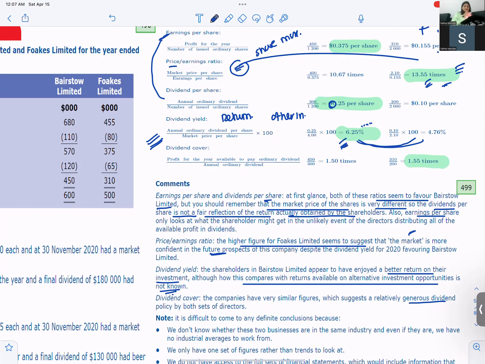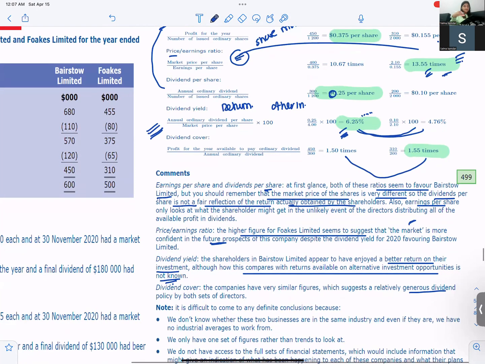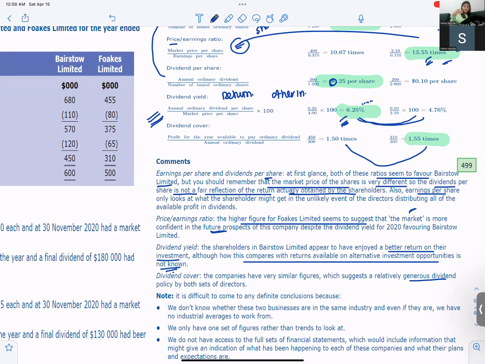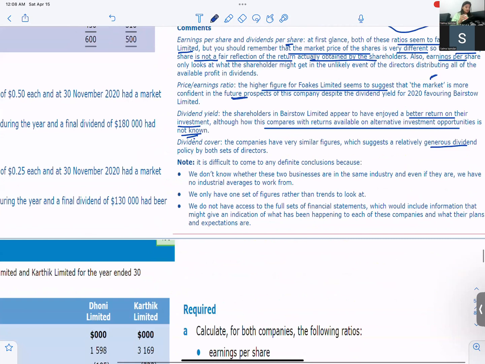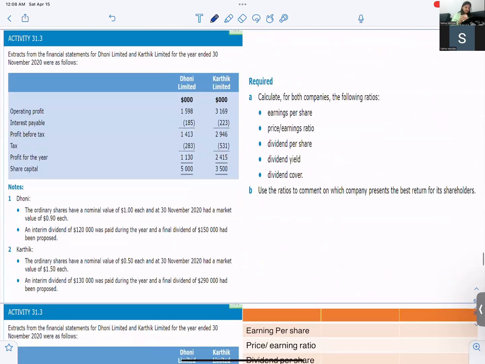So this company gives a better dividend return. However, you cannot comment on it because you have to compare it with other investments. And both the companies are very generous. The profit is covering 1.5 times the dividend. So both the companies are really very generous.